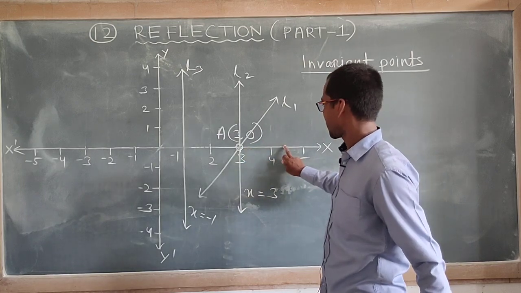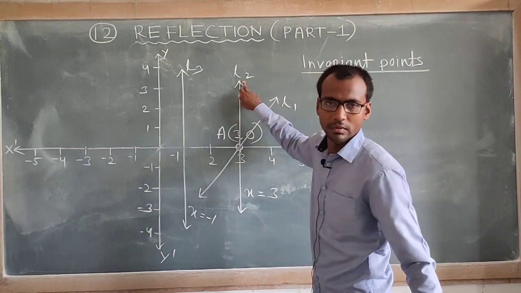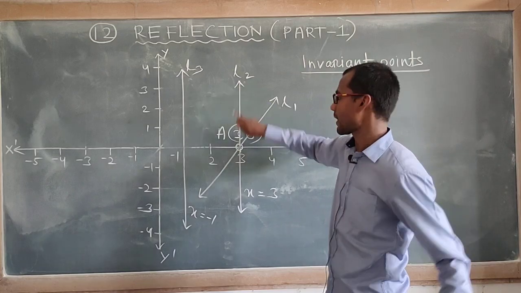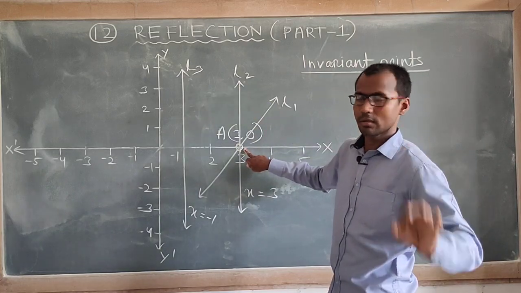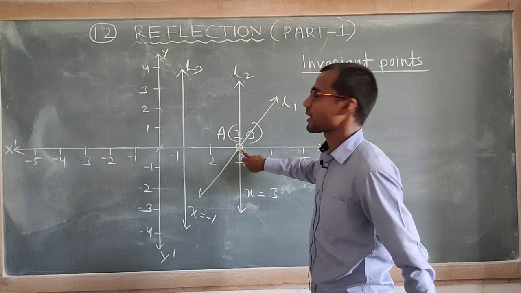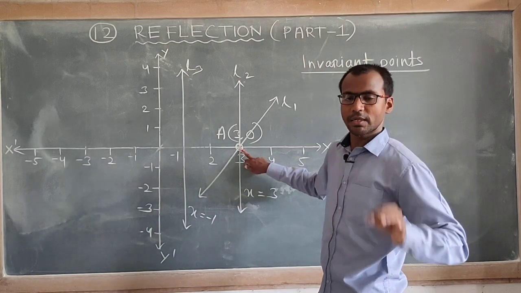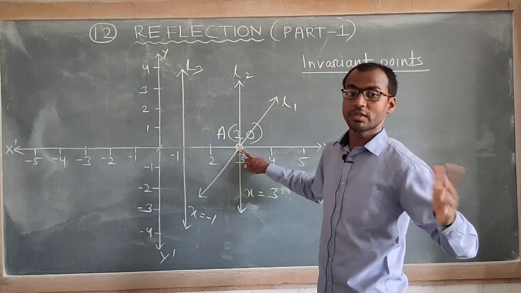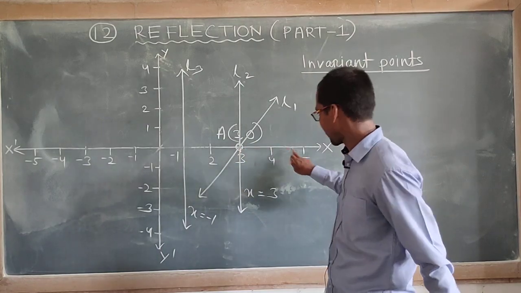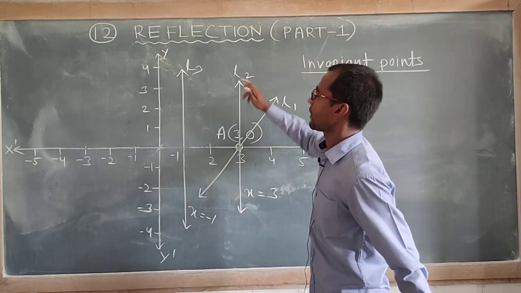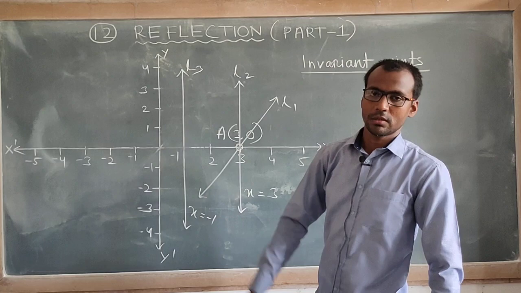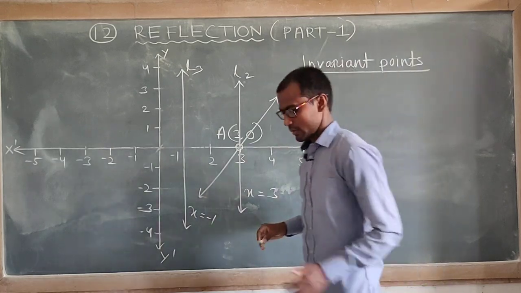These three lines, x-axis, L1 and L2, and we can draw many other lines which will pass through this point. I have drawn only 3. If this point (3, 0) is reflected in the lines passing through it, like the x-axis, L1, L2, then it will remain invariant. Otherwise, not. So we can write it.